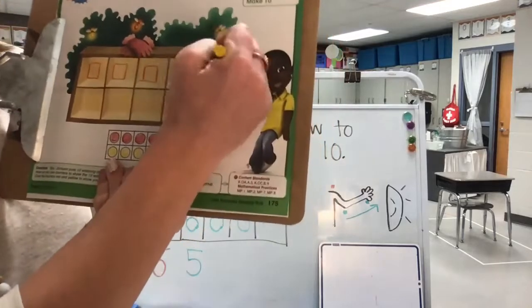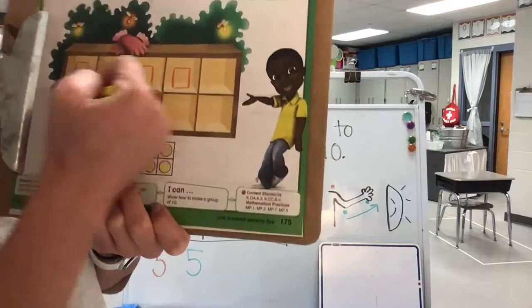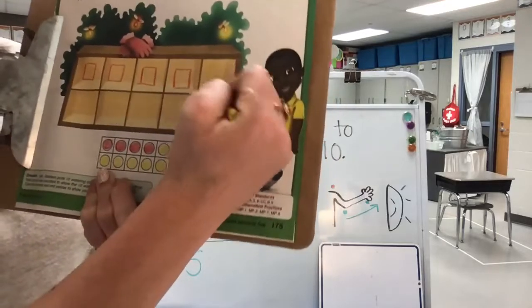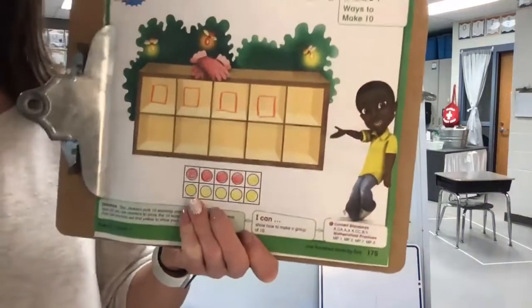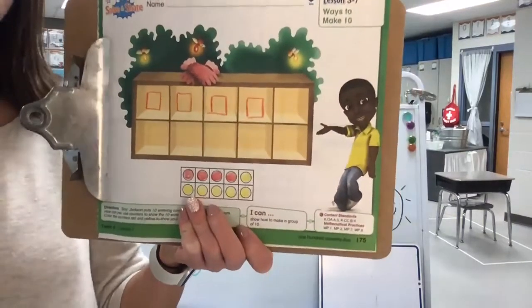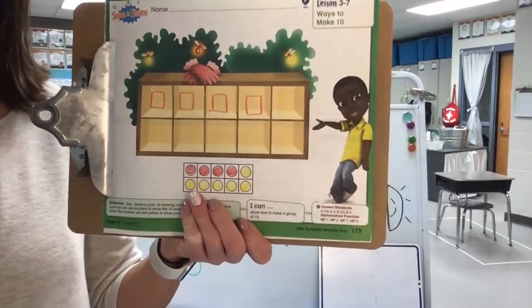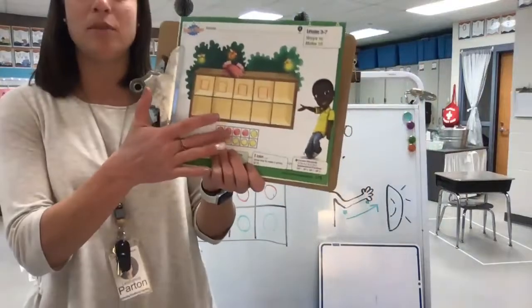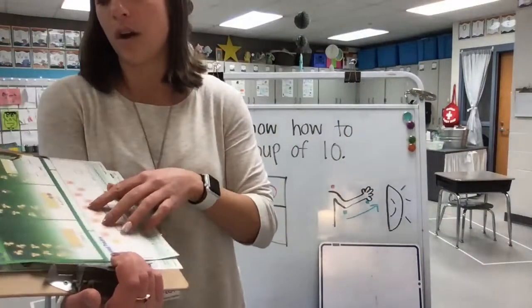Good. 1, 2, 3, 4, 5, 6. So one way that Jackson can arrange the watering cans is by putting a group of 4 red ones and a group of 6 yellow ones on the shelf. Okay? If you need to pause the video to give yourself more time to do that, go ahead and do that. If not, go ahead and flip to our guided practice.